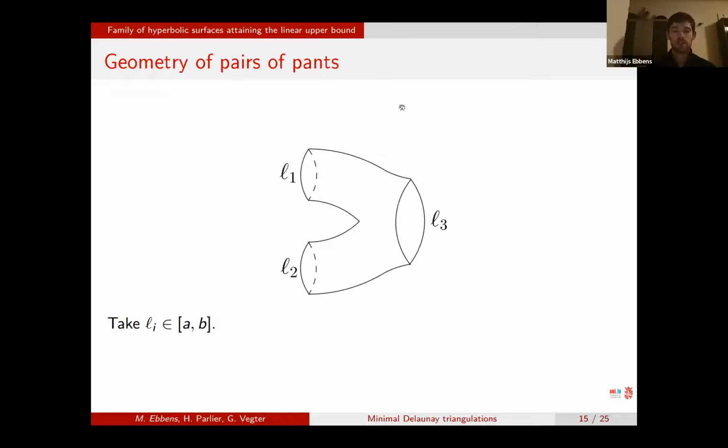A pair of pants is a topological sphere with 3 boundary components, say with lengths L1, L2, and L3. Now suppose that we take these lengths in some bounded interval [a,b]. These will be our parameters a and b. And it's known that for hyperbolic pairs of pants, these 3 boundary lengths completely determine the geometry.